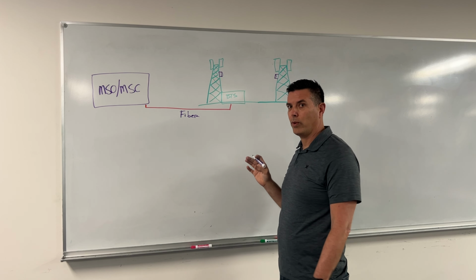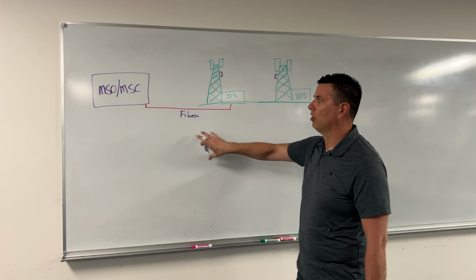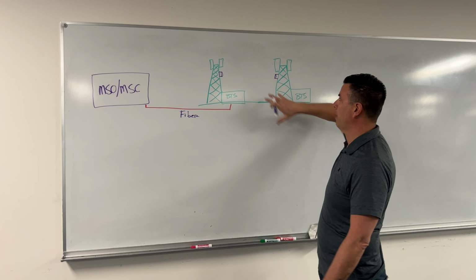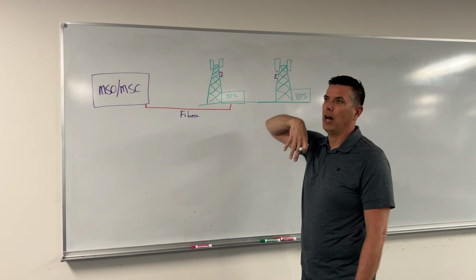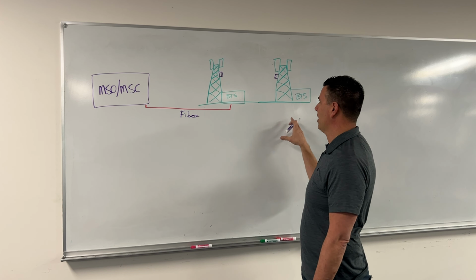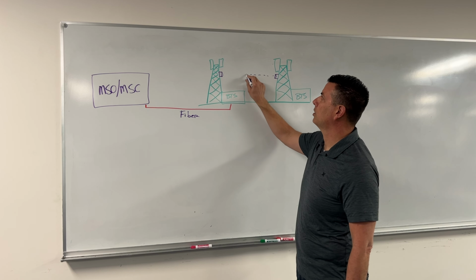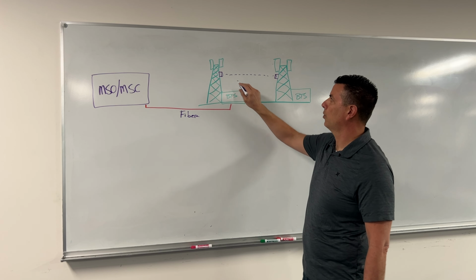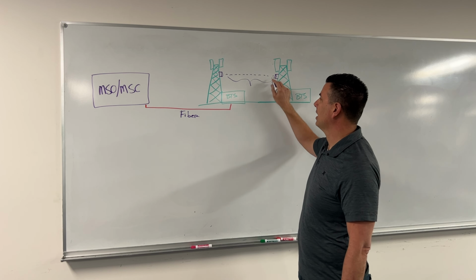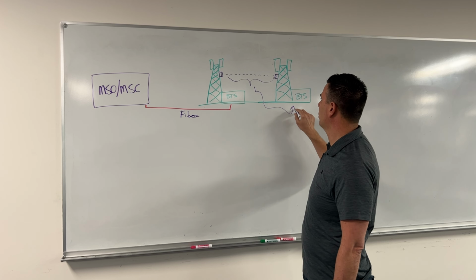In some cases where the backhaul connection wasn't possible, you had some outlying sites, mountaintop sites. They didn't have any hardwired facilities. They would use a microwave shot, so they would use a wireless link. So this section here is the backhaul for this site.